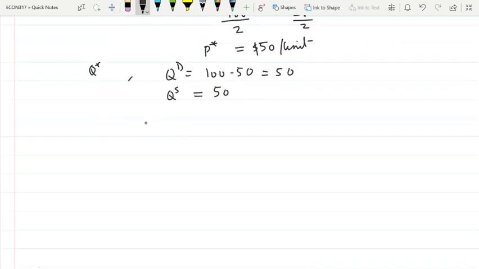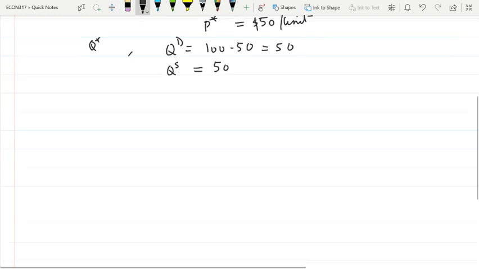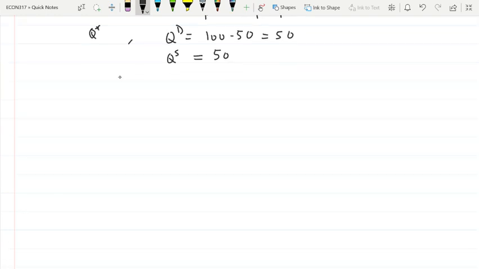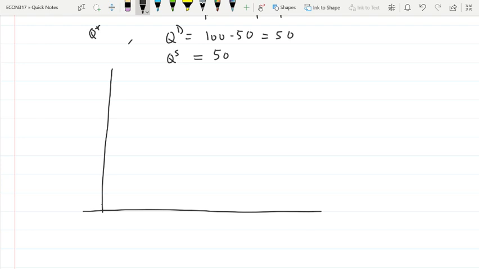We should be able to show this in a graph. So let's draw a graph. We will have price on the vertical axis. That's always the case. The quantity on the horizontal axis. I will draw the demand curve, should be a straight line.